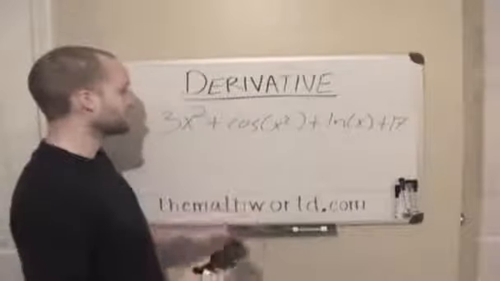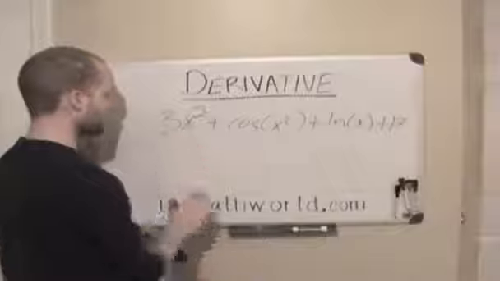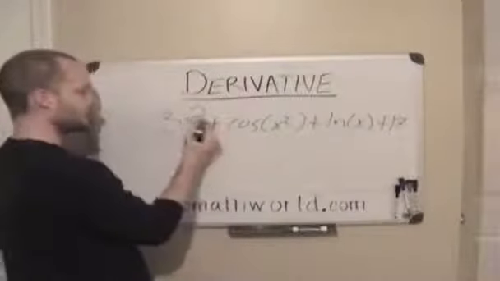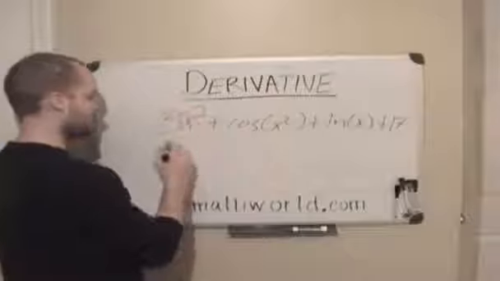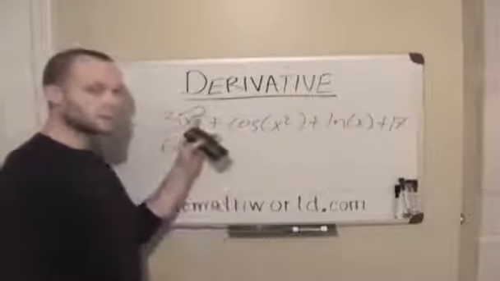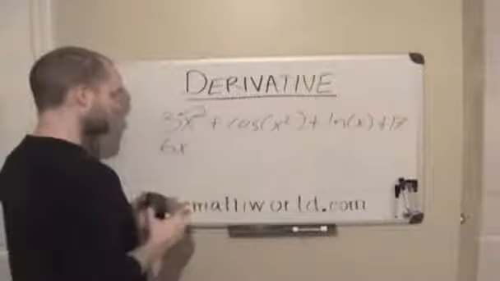We have a few things in here that we actually are going to have to use what we just talked about. So the first one we're going to take a look at is 3x squared, and we're going to take a derivative of this. So again, we multiply 2 times 3, and that's 6x, and then we subtract 1 from this 2, and that's 1. So we just have our x up top, and I'm not going to put that there.